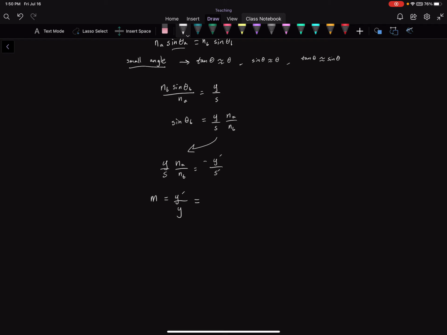So now we can say that y prime over y is equal to negative NA S prime over NB S. And that is our expression for magnification, lateral magnification specifically, for a spherical refracting surface.